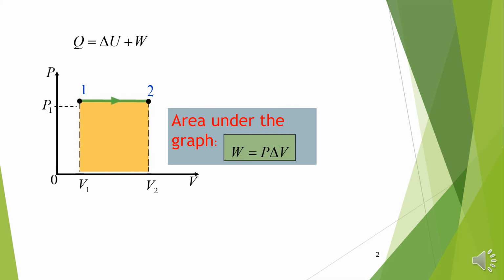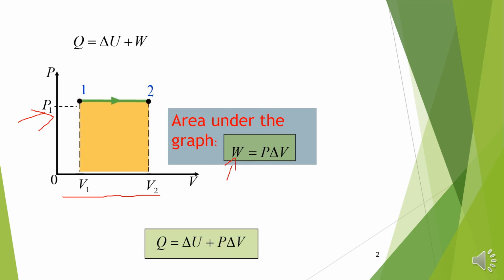The first law of thermodynamics states that Q is equal to delta U plus W. If you analyze the PV graph, the area under the graph, which is pressure times the change in volume, is equal to the work done.